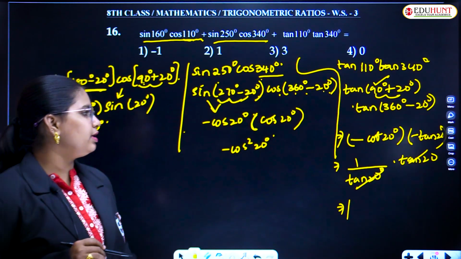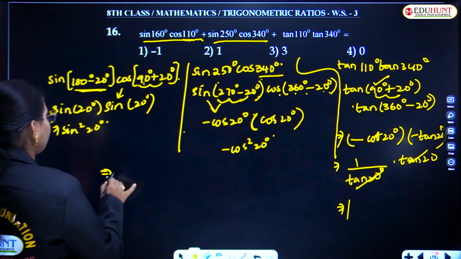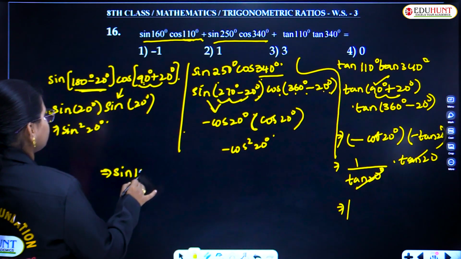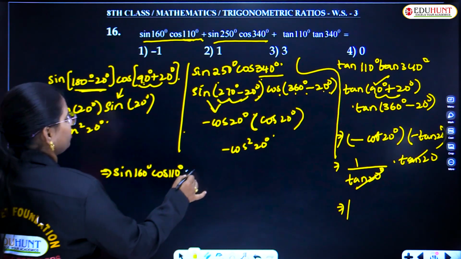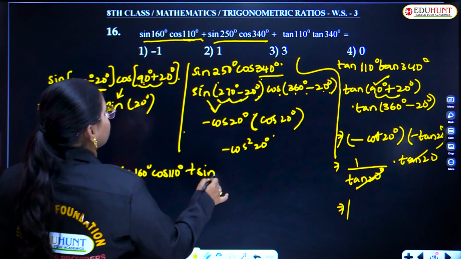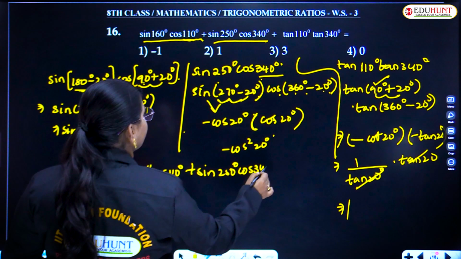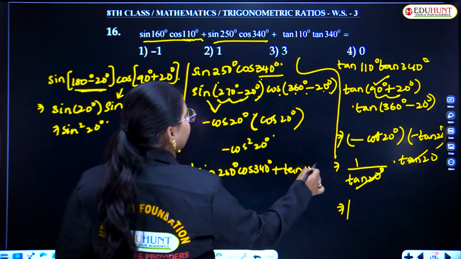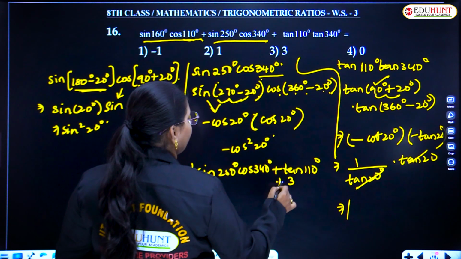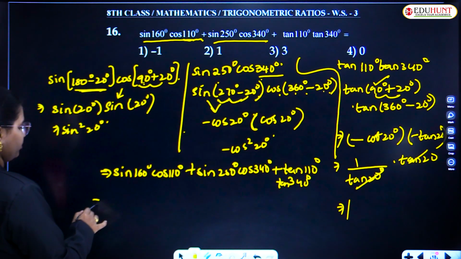So let's substitute all these values in the question. So we have sin 160 degree cos 110 degree plus sin 250 degree cos 340 degree plus tan 110 degree into tan 340 degree. So what is the answer from this?